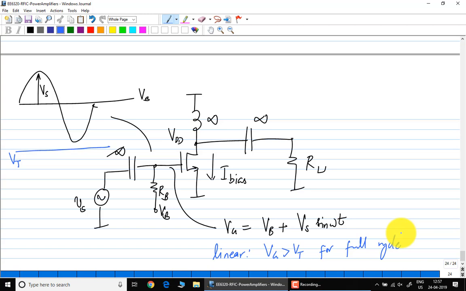I reduce VB to VT, then whenever the input is in the positive half cycle, the device will conduct. Whenever it's a negative half cycle, it won't conduct. If I do this, I'll get class B operation. Does it make sense? If I reduce this below Vt, I'll get class C operation. That should also be straightforward.